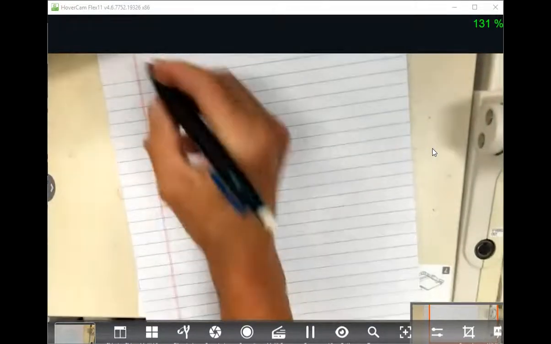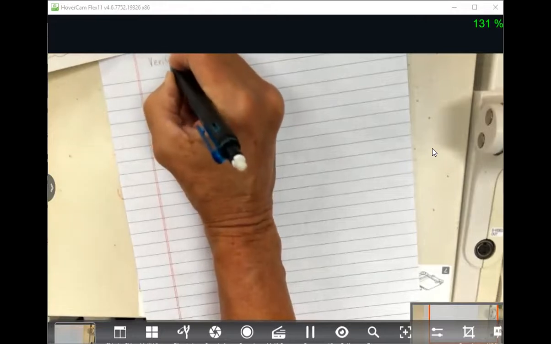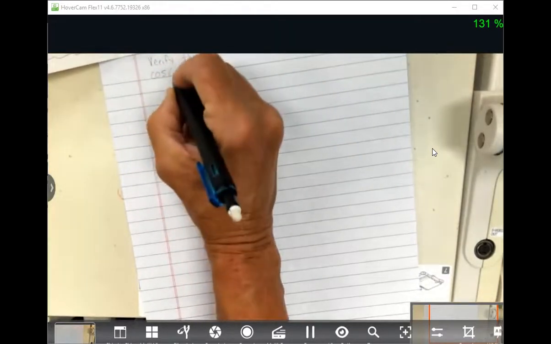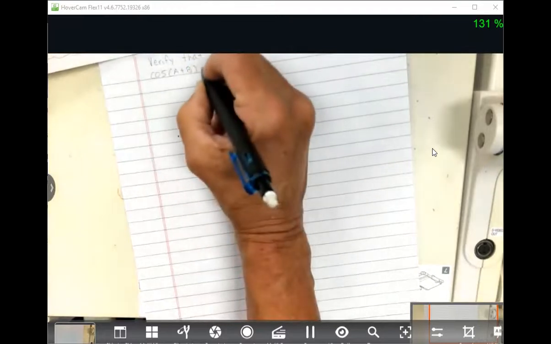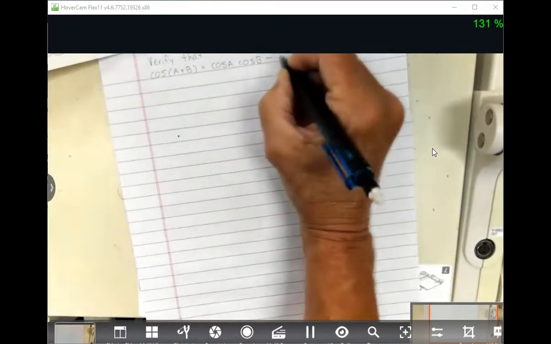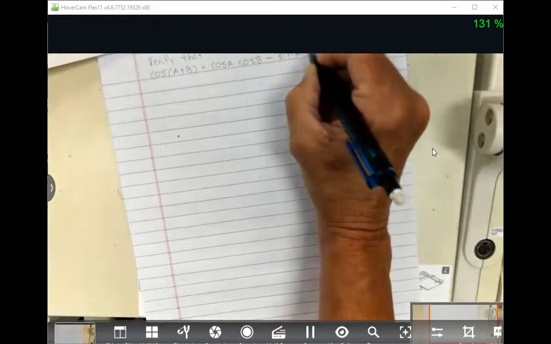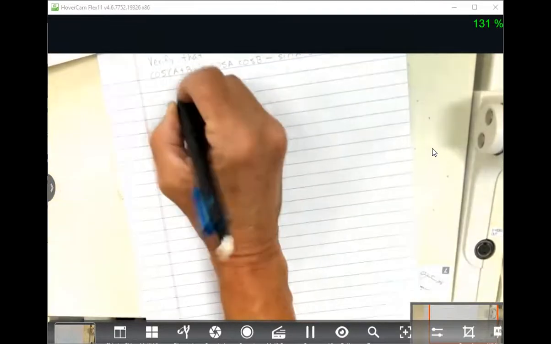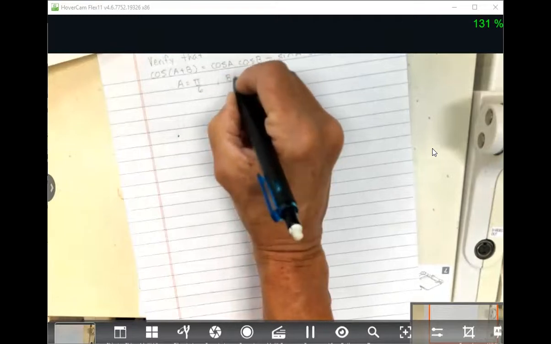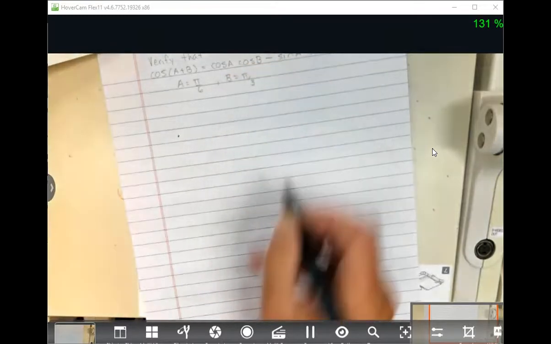So I'm going to verify that the cosine of A plus B is cosine A cosine B minus sine A sine B by letting A be pi over 6 and B be pi over 3.